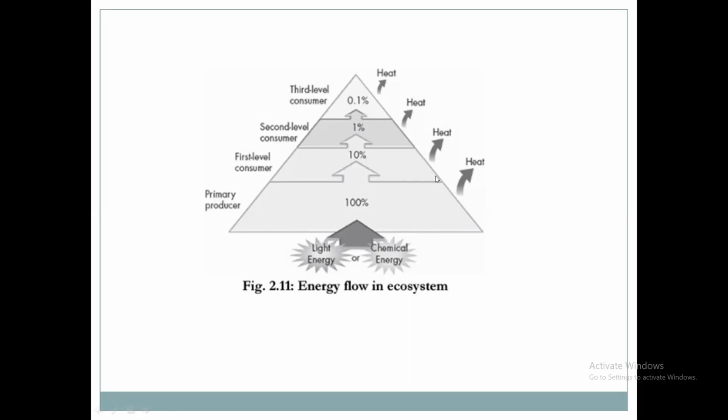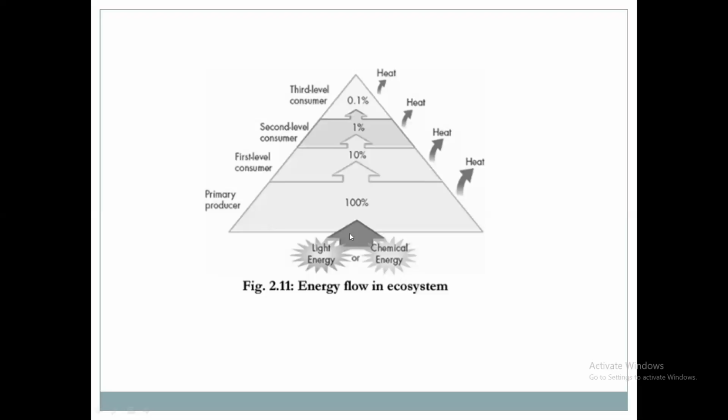The heat loss is shown here. Third level consumer, 0.1%. These primary producers take light energy from the sunlight. 100% energy is acquired by the primary producers.